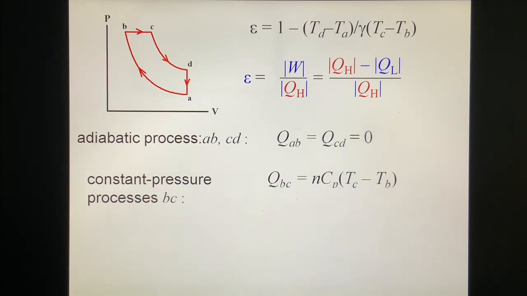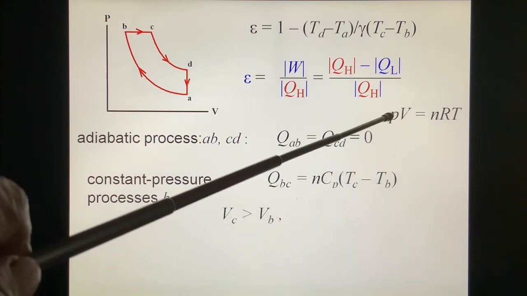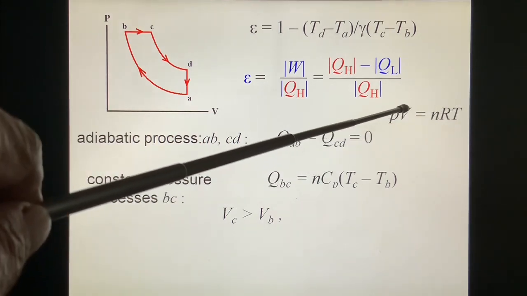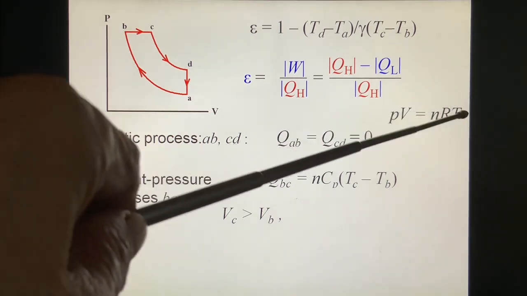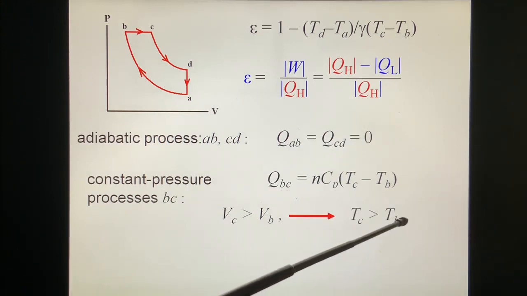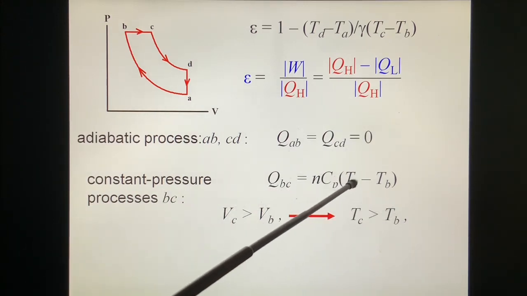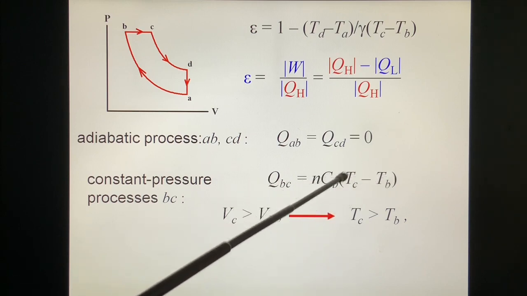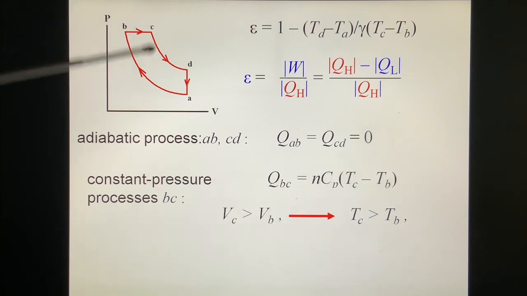Because VC is larger than VB and P is constant, T is proportional to V. V larger, T larger. So TC is larger than TB, so this is a positive number. QBC is a positive number: heat gets into the system.